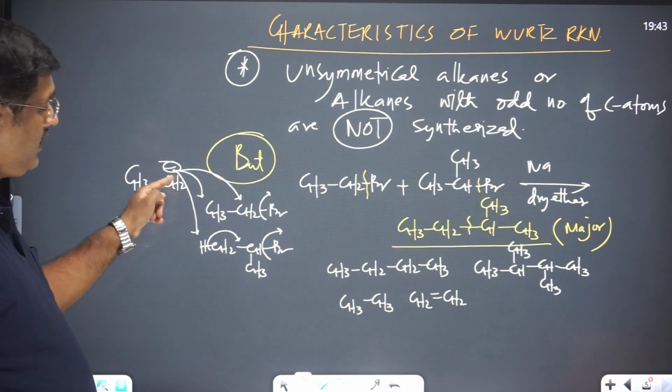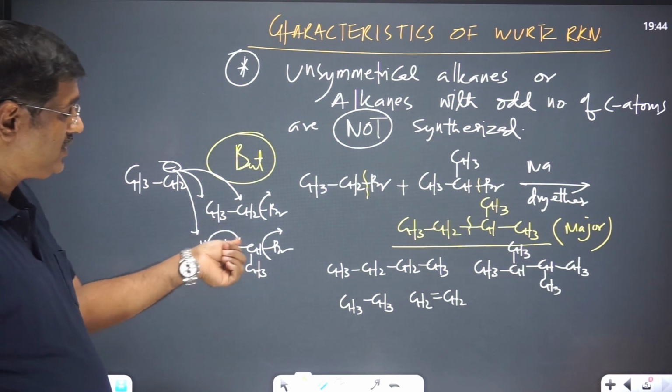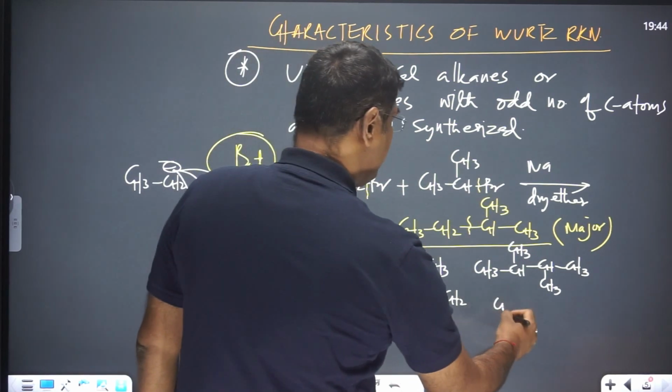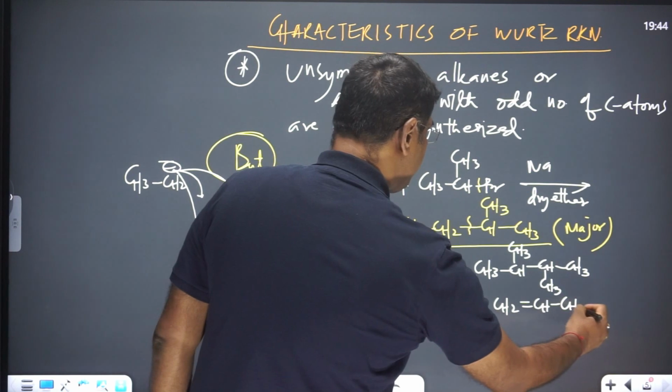But when it attacks here, a new product forms, that is CH2 double bond CH, CH3, which is propene.